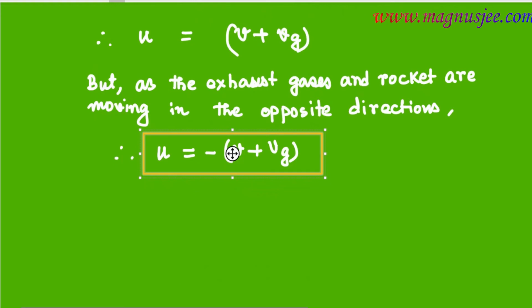So u equal minus v plus vg, which is equation 3.